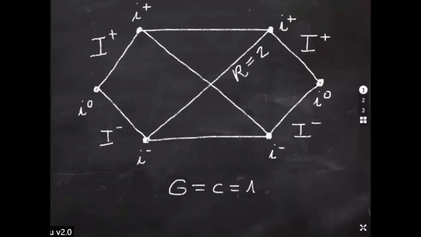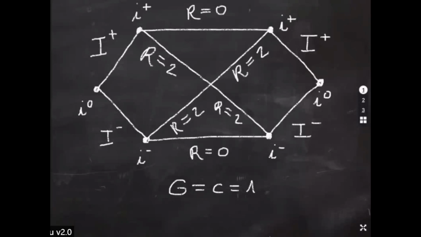So this is as well a solution corresponding to r equals 2, and the same applies for this, r equals 2 and r equals 2. And over here we have r equals 0 and here as well, so that these two surfaces, which you can reach in a finite time, correspond to singularities.